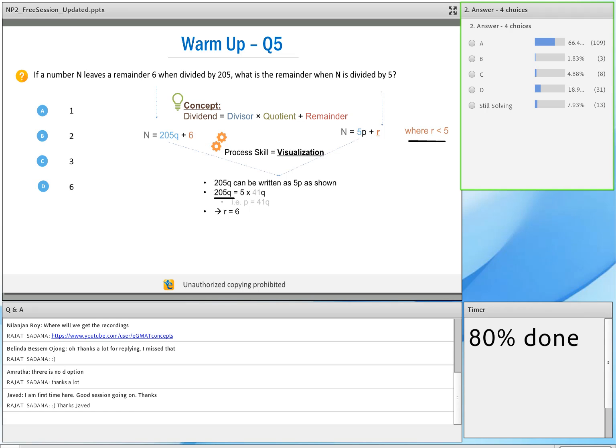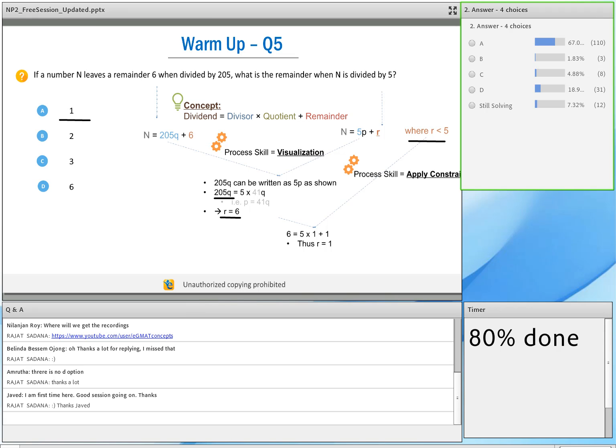So you might come to the conclusion that the remainder is 6, which is what 31 of you did. But remember, the remainder always has to be less than the divisor. When you do that, you say 6 is 5 times 1 plus 1, which means your remainder has to be 1. So choice A is your correct answer.